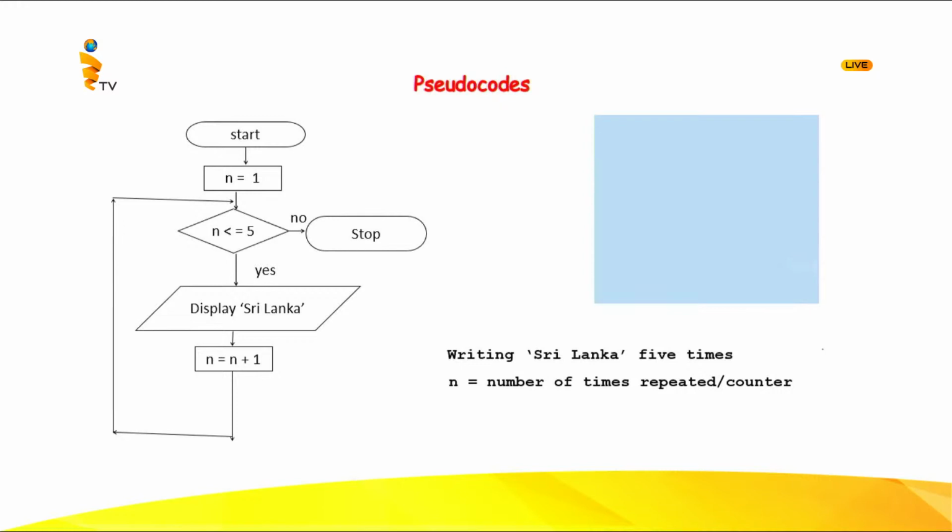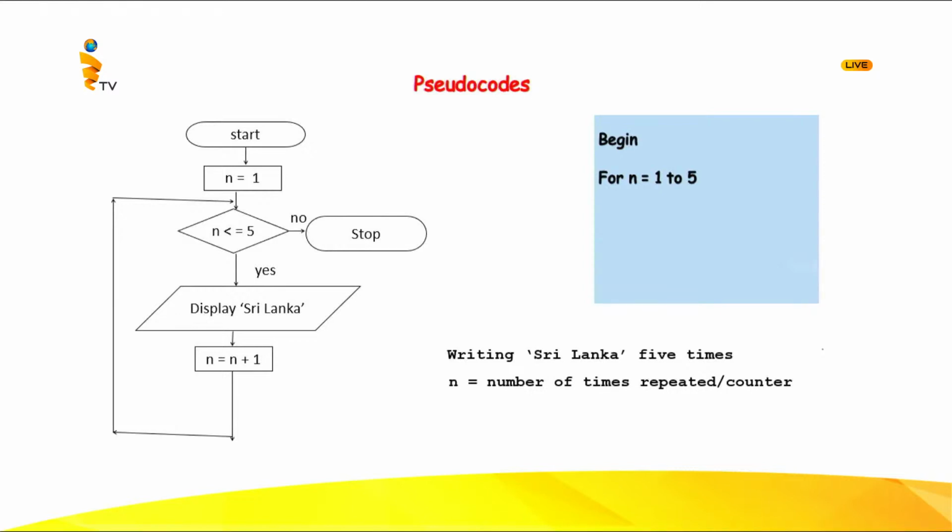So we will look at the pseudocode. First we will start the pseudocode with begin. Now I have my counter, and here remember children, normally if we exactly know the number of times we can use this for structure. This is the way we use the for structure. So for n equals 1, and I know when to stop, n equals 1 to 5.